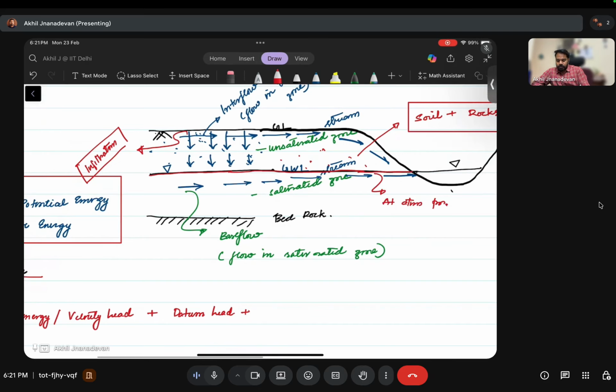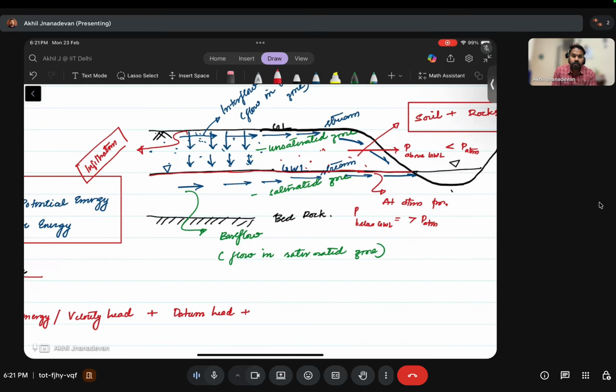Below the groundwater level, P will be greater than P atm, and above the groundwater table or groundwater level, P will be less than P atm. If it is less than P atm, then there will be a suction.